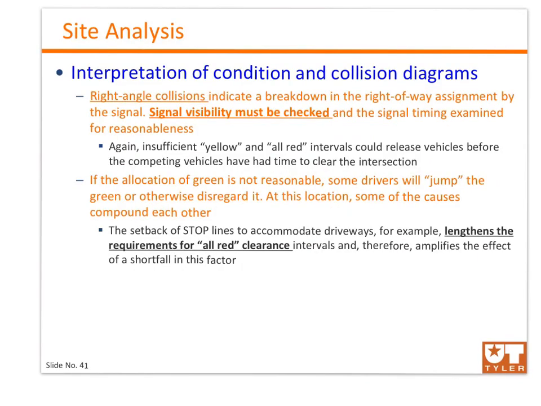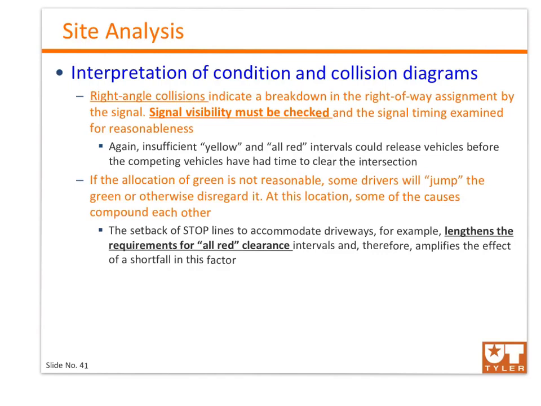Finally, we could also see a few right angle collisions that indicate a breakdown in the right-of-way assignment by the signal. Signal visibility must be checked at this location. It looks like that's a big issue here, and the signal timing should be examined to see if it is reasonable or not. So we can take a look at the parking openings.